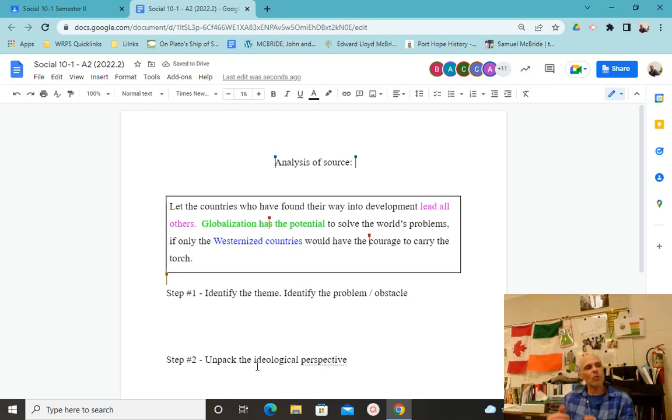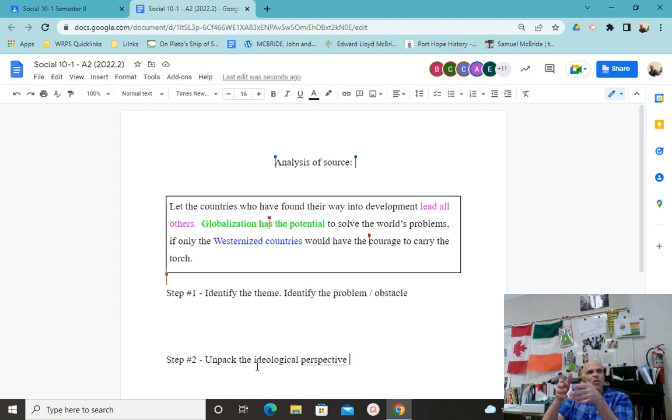So again, going back, we've already announced that the ideological perspective connected to the theme is pro-globalization. So we've already begun some work on this. These steps are not independent of each other. There's overlap. We've already announced that the source is pro-globalization. We've already announced that it's the perspective of the source that there's an obstacle in the way though.